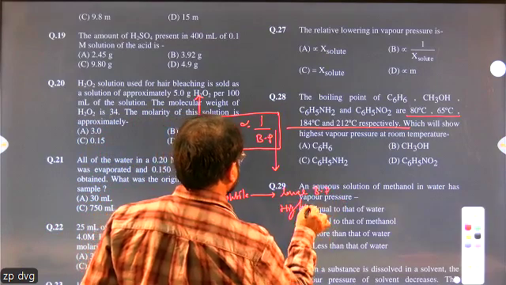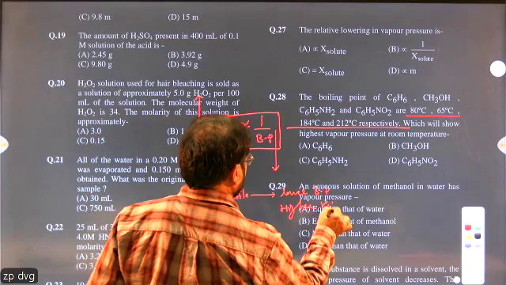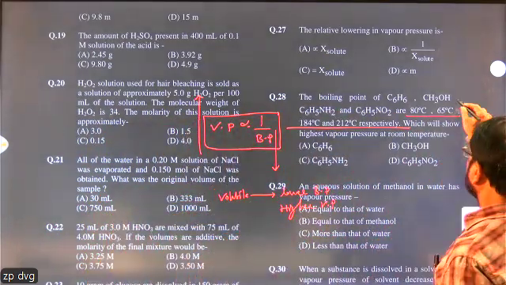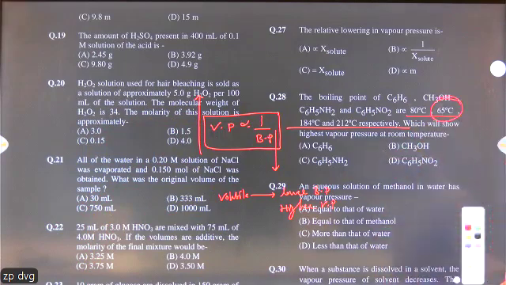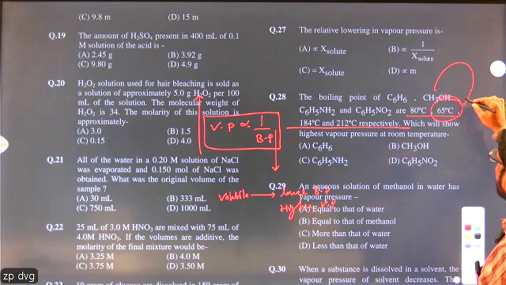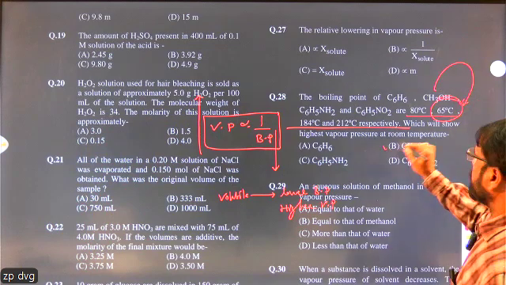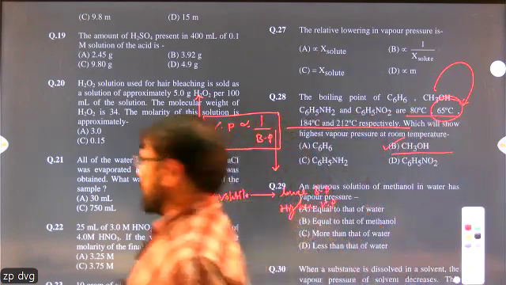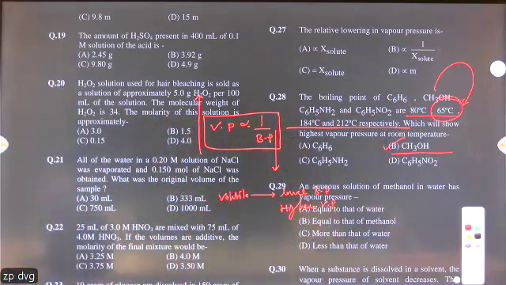So here, 65 degrees Celsius is the lowest boiling point, and methyl alcohol has the highest vapor pressure. CH3OH is the correct answer for the 28th question. Option B is the correct one.